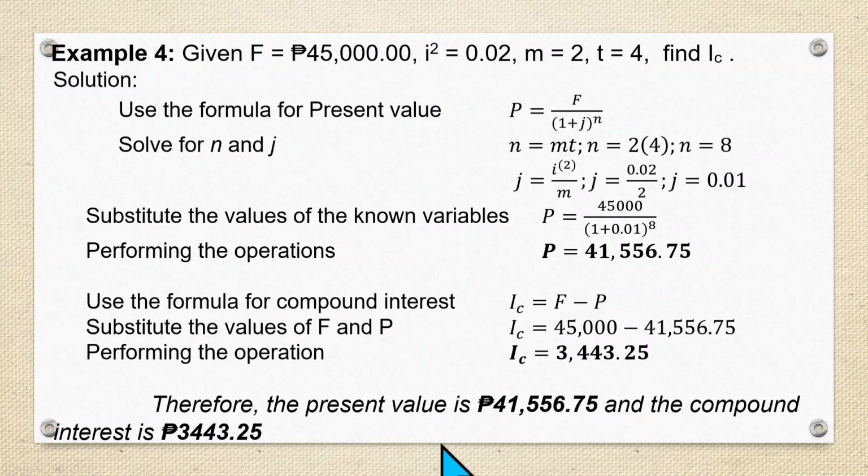So therefore, the present value is 41,556.75 and the compound interest is 3,443.25.